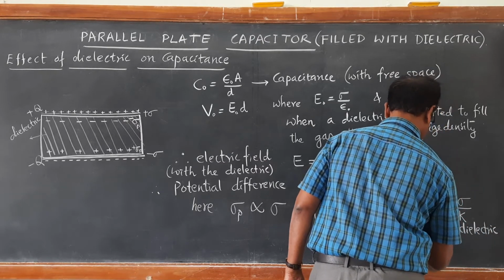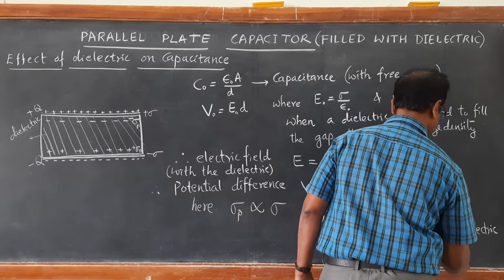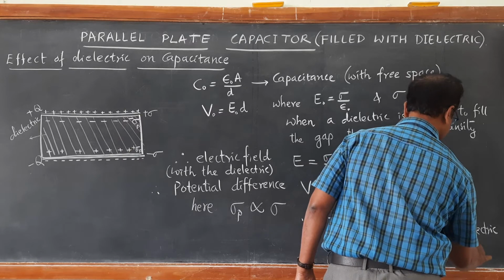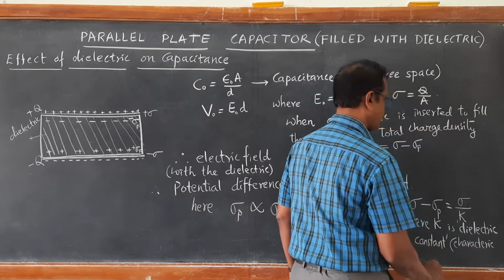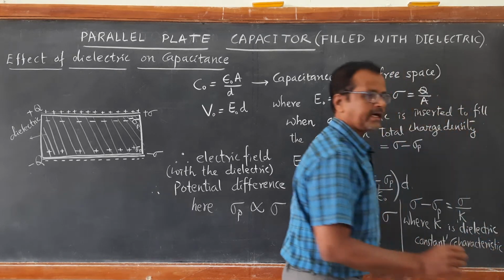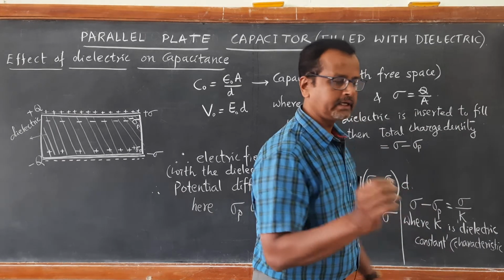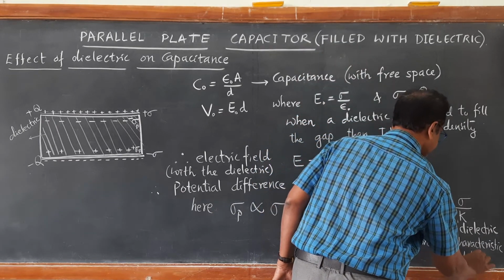K is called the dielectric constant, a characteristic value depending on the dielectric that we choose.